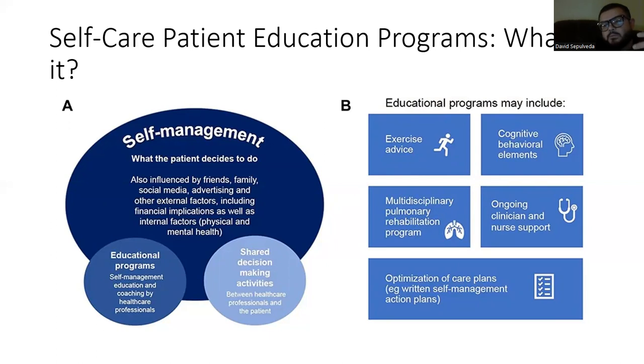So that has to do with your heart and all kinds of pulmonary diseases as well. Ongoing clinician and nurse support, as well as optimization of care plans. So helping you formulate the best plan. It's going to help you stay healthy as best as you can.